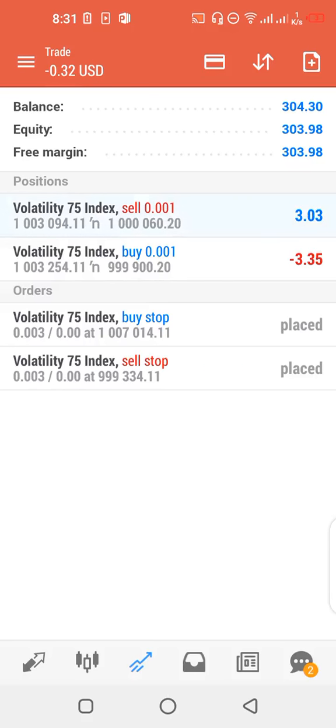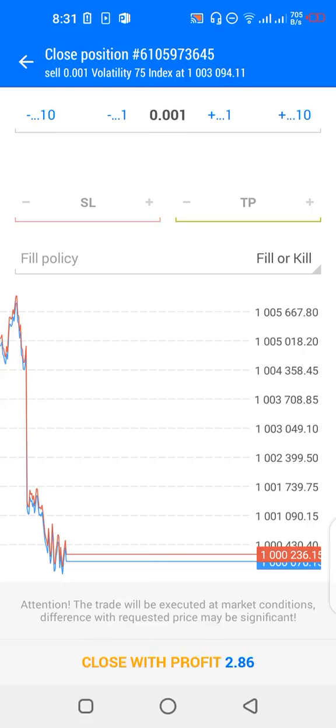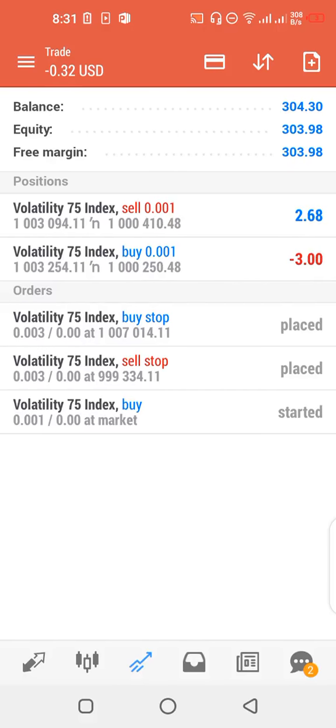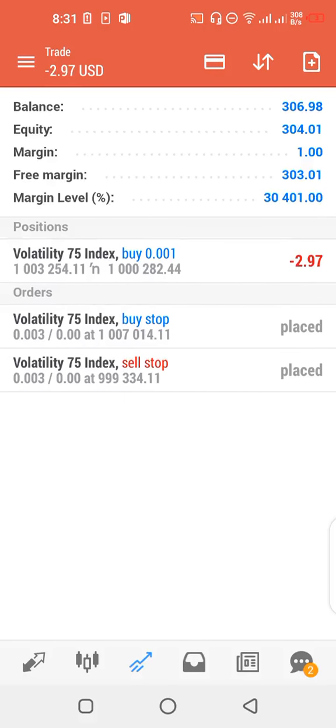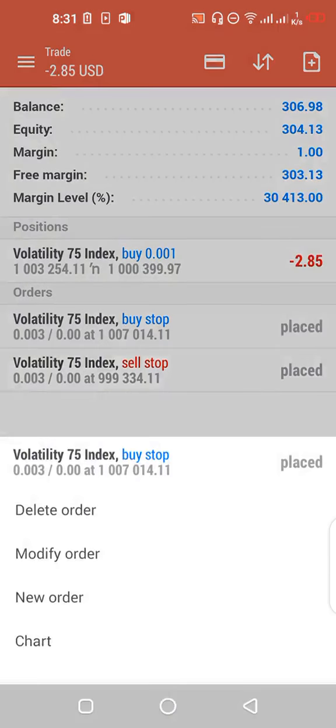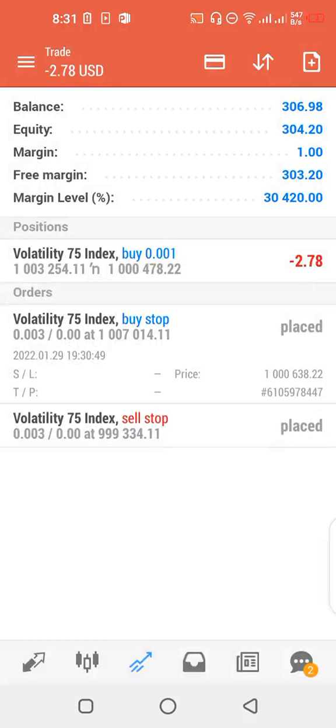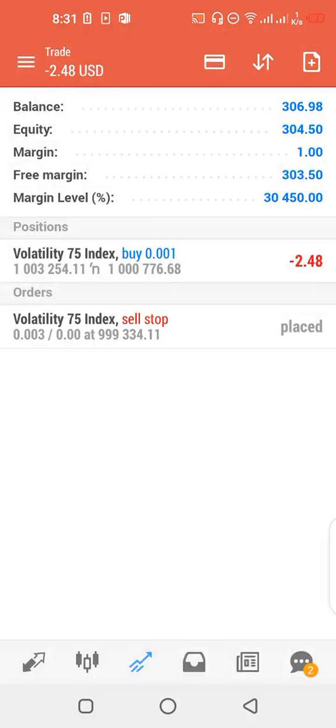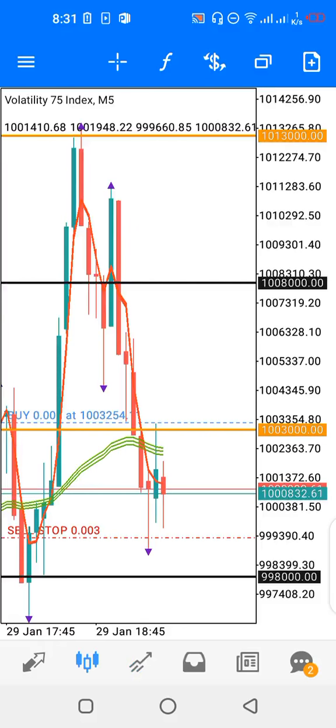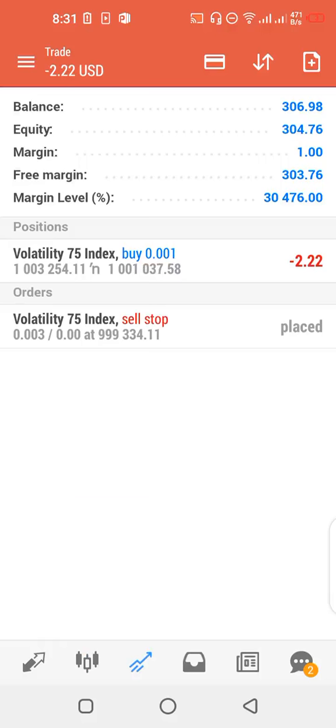So I can close this. Okay, now that I've closed that, I'll have to delete the buy stop. I've deleted the buy stop and I've closed the sell in profit.